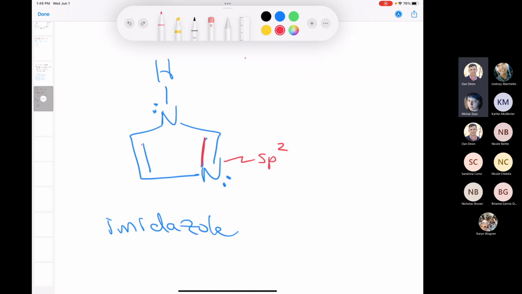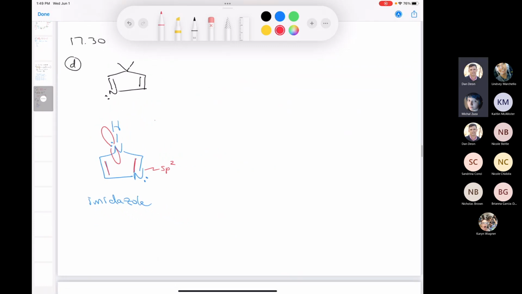So we have 1, 2, 3, 4. And if we had this lone pair in a p orbital, then we'd have a total of 6 electrons. We'd have a completely overlapping system of p orbitals. So we would satisfy the criteria for a compound being aromatic. And so this would be an aromatic compound. Why? Because this nitrogen is sp2 hybridized.